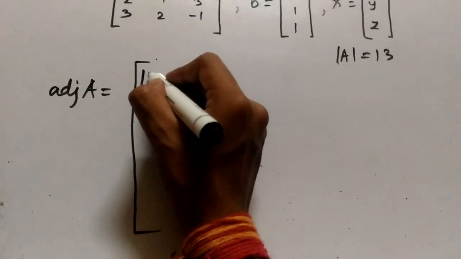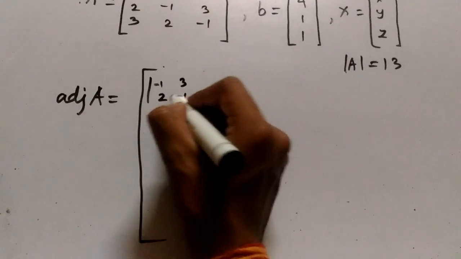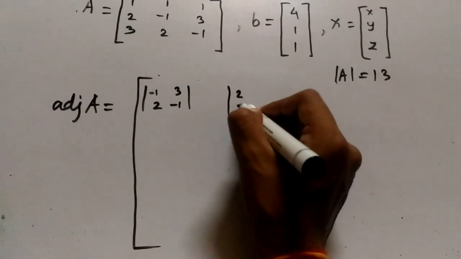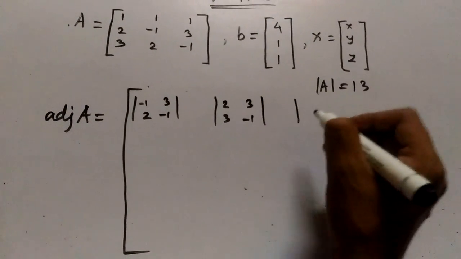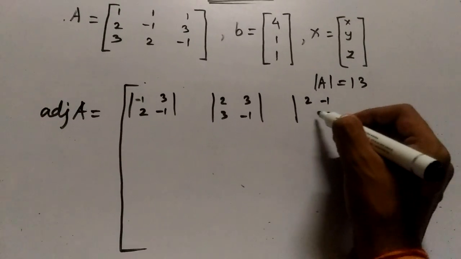So the cofactor of 1 is the minor with minus 1, 3, 2. Cofactor of again 1 is 2, 3, 3, minus 1. Cofactor of 1 is 2, 2, minus 1, 3.